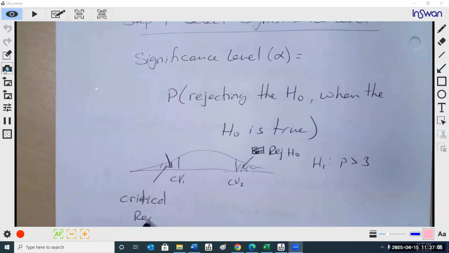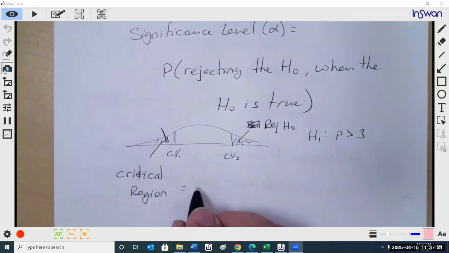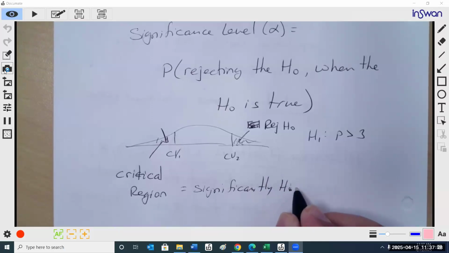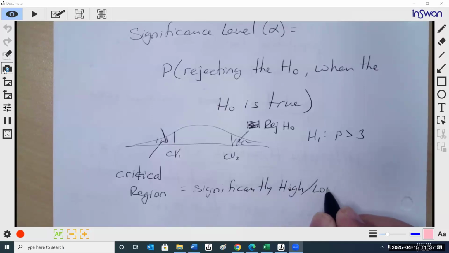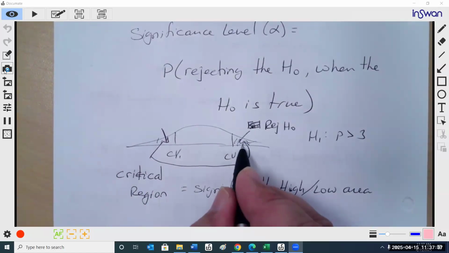This is called the critical region. The critical regions are the significantly high and significantly low areas. So both of these are significant regions.